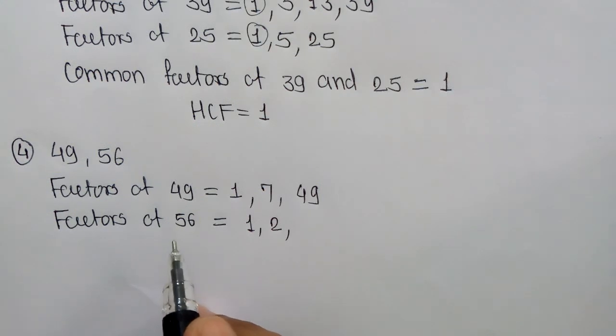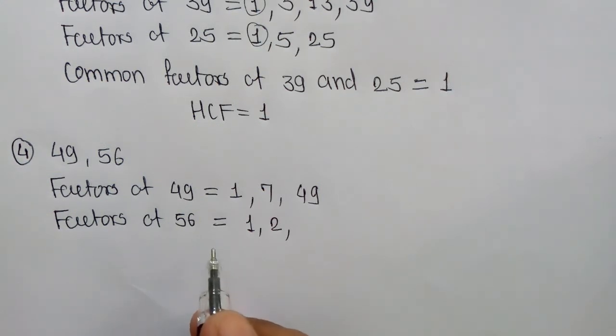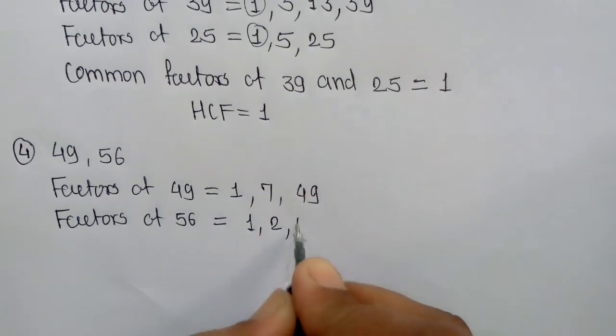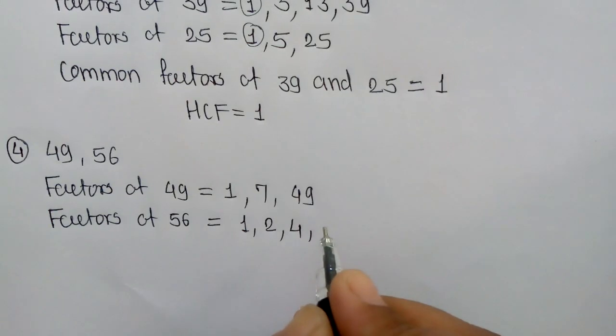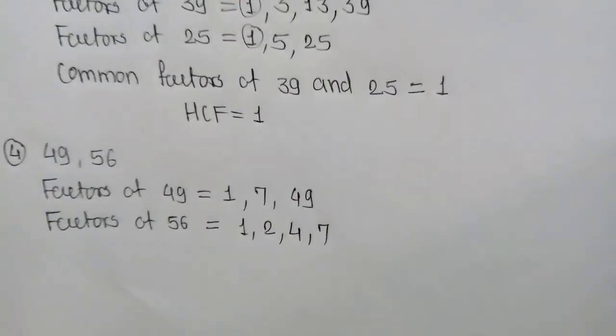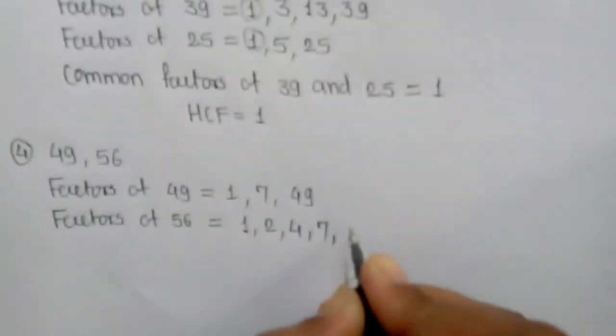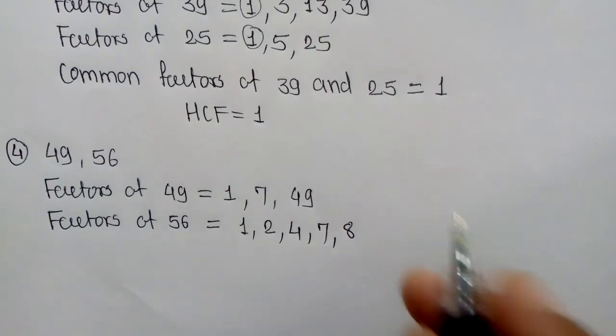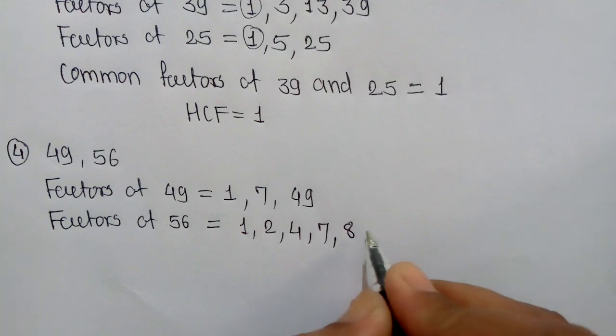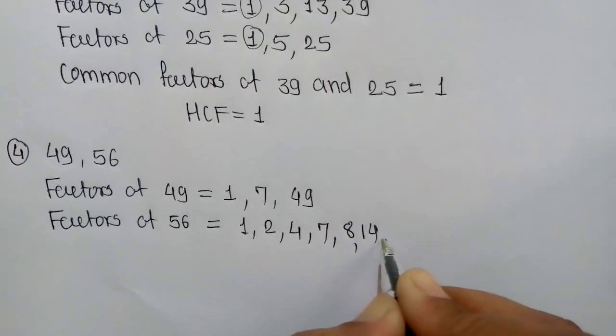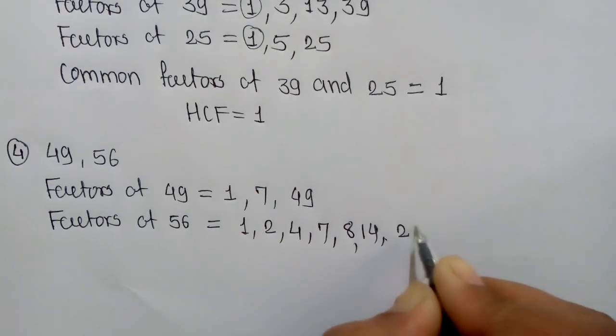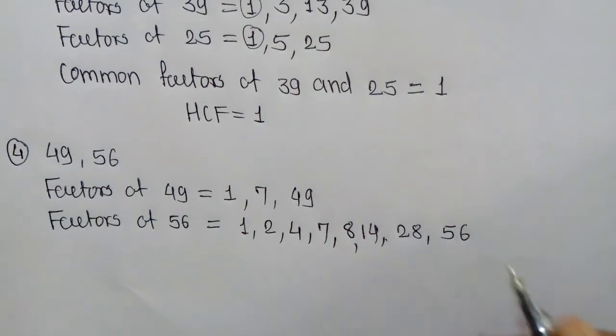No, 11 is not in 3's table. Then 4 is there. 5, 6, not there. Then 7 is there. Then 8 is also there, because 8 sevens are 56. Then 14, then 28, and then 56.